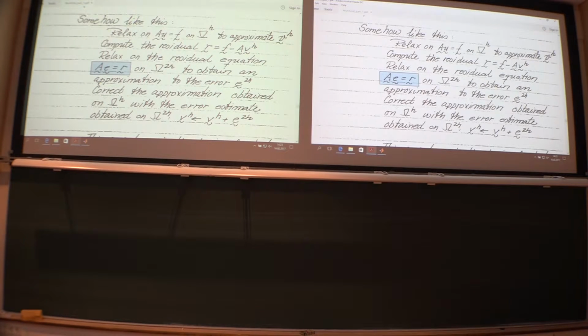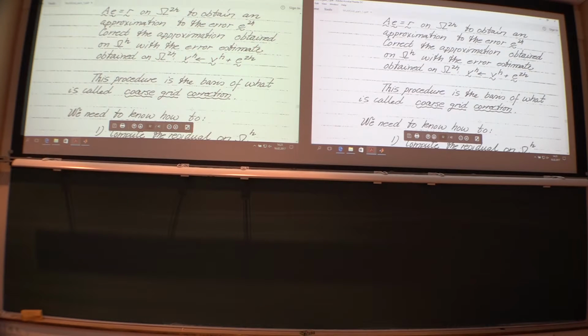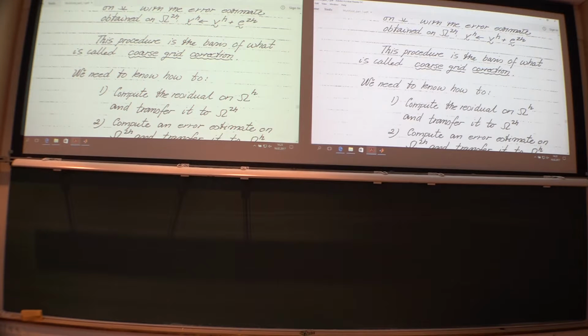And that one we can then go back, finding this error on the coarse mesh. We adjust whatever solution we had on the fine mesh to something that is hopefully more correct. So that is the two-mesh multigrid. So not so multi, only two meshes, only coarse grid correction.